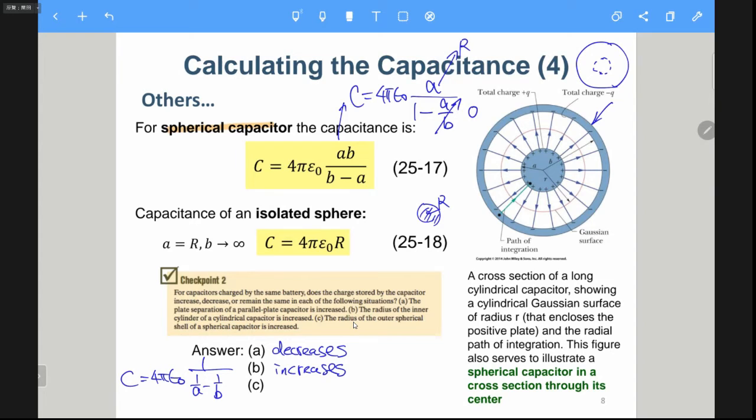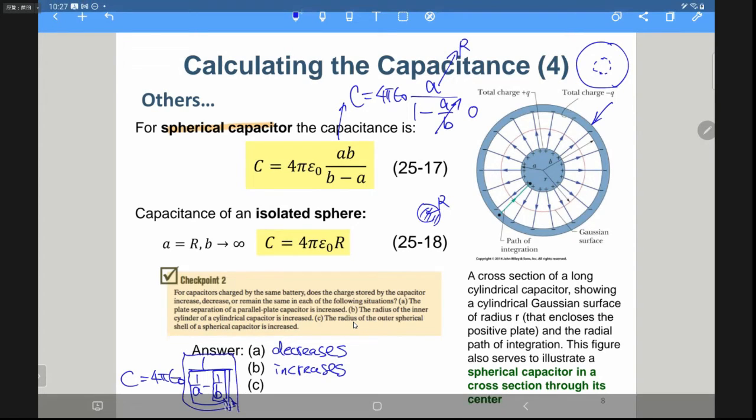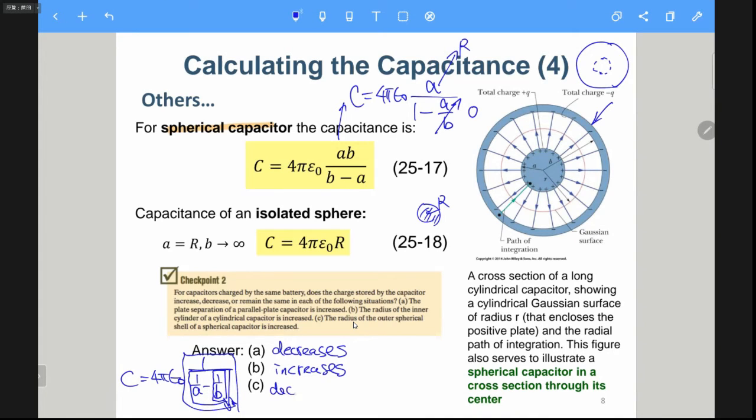So if we try to increase the outer sphere, which is B, this one increases, so this one decreases, so this one decreases. So the whole term decreases. Okay, decreases like that.